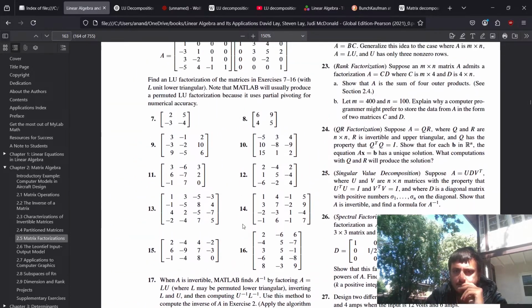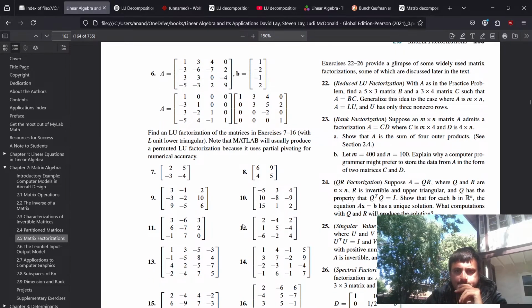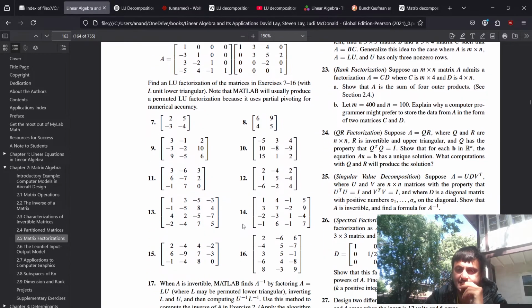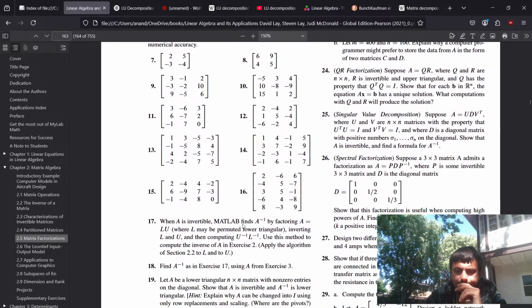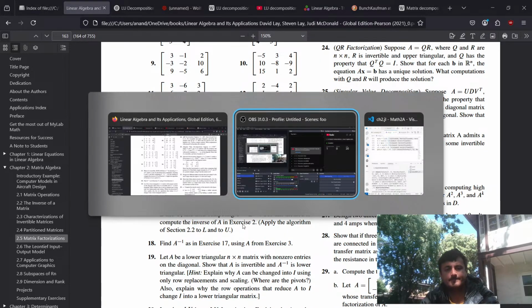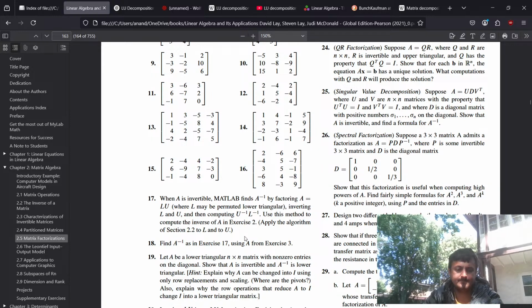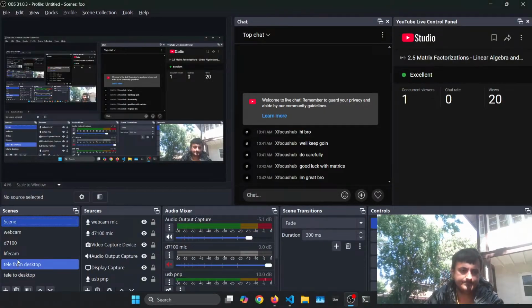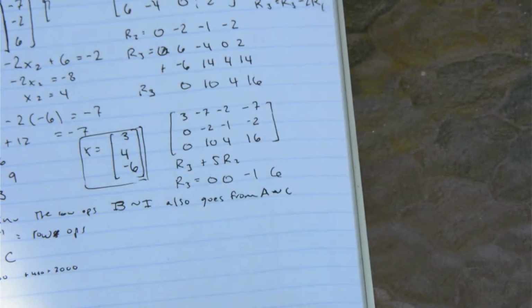Okay, so let's just do 23 through 26. All the other stuff is applied, and I don't really care. Okay. So 23 through 26.